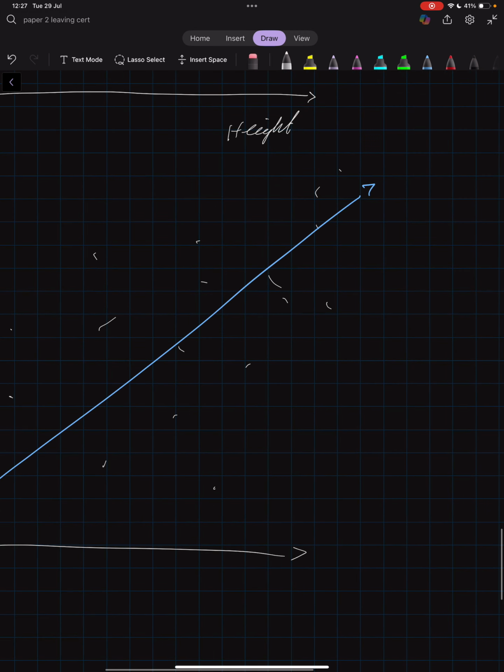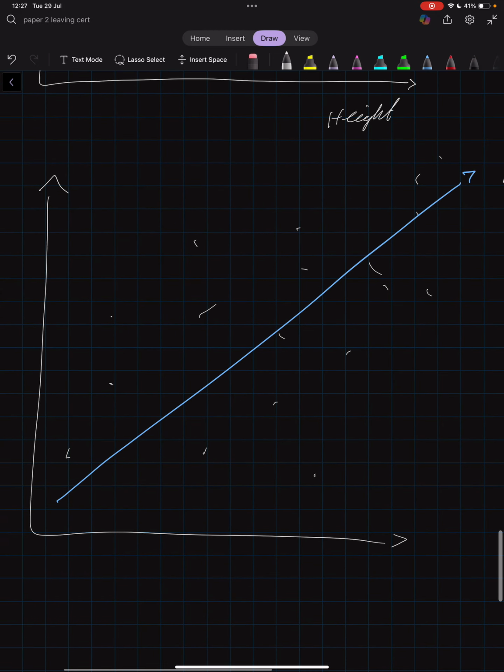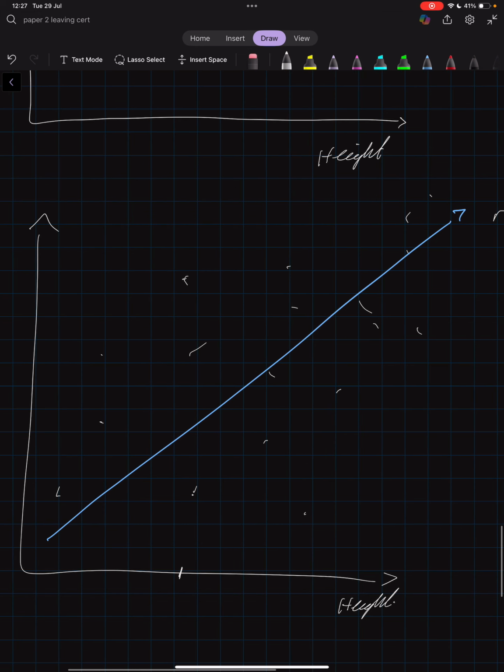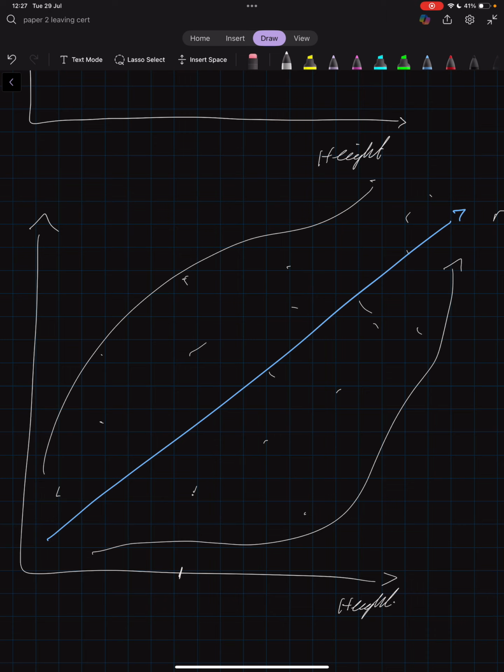So for this, maybe R could be around 0.4. Because you're saying, yeah, it is going up, but you've 2 people here who have the same, say, height. One is way below this, and then one is way above it. So you can't be certain. It is kind of obvious that the whole data is kind of going up this way.